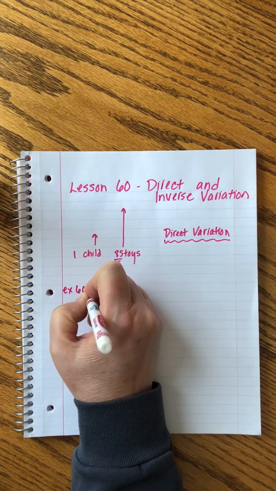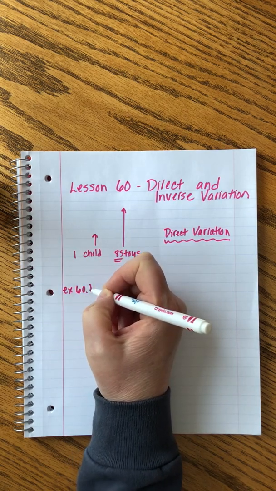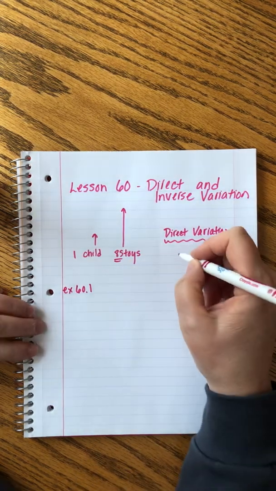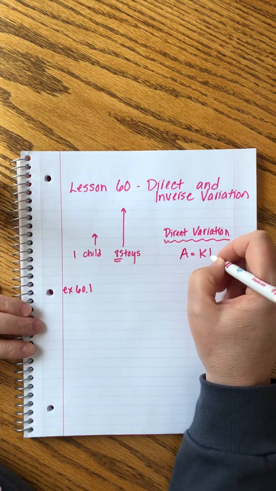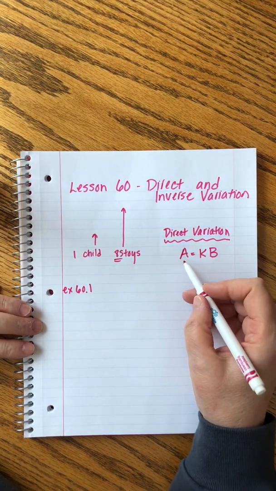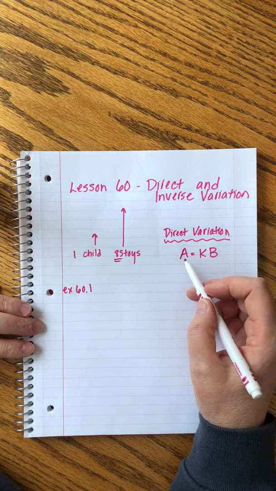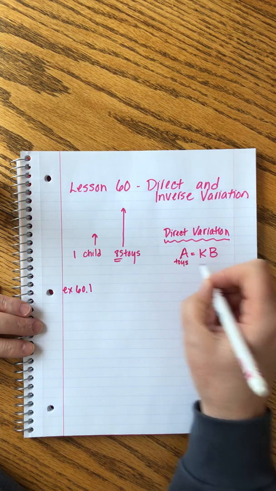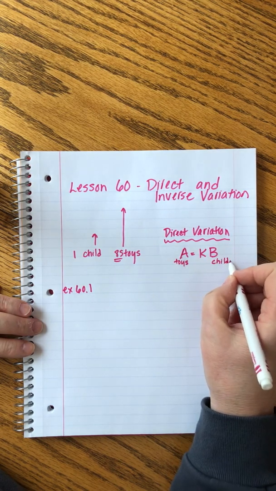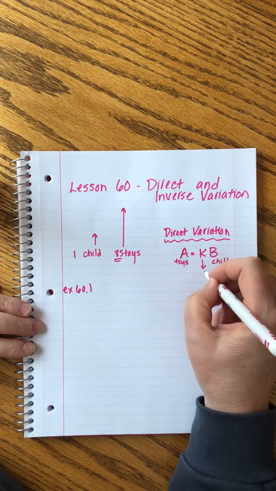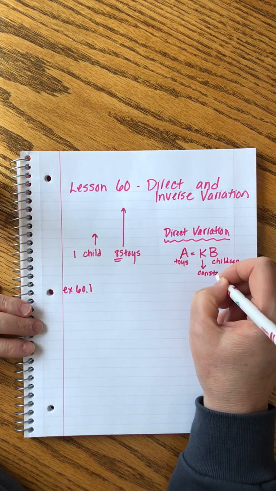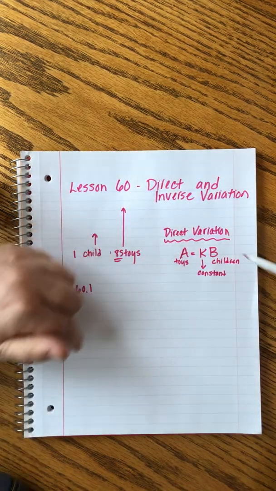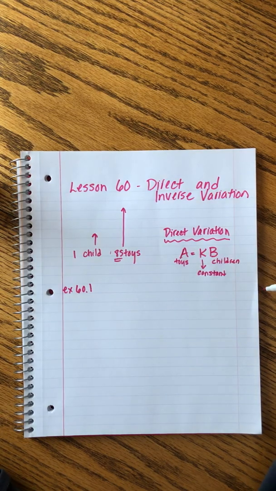Example 60.1. The number of boys in every classroom of a school. Oh, I didn't give you the formula. In our example, B would equal the number of children, and K would be some constant, like 85 in my example, that relates the number of children to how many toys they pull out.